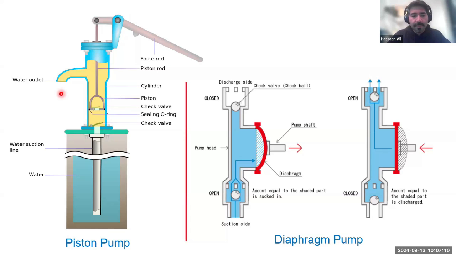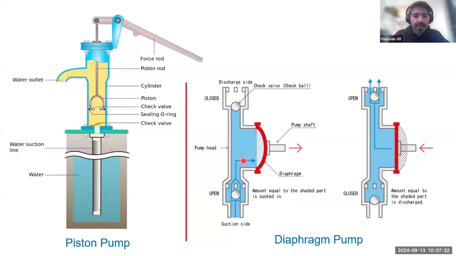Then the diaphragm pump. This is just an example of a large version of the diaphragm pump. You will have a standing valve or a traveling valve, or what we call a check valve. It's a ball type of check valve. On the suction side, at the suction stroke, the ball valve will travel. The water will enter into the chamber.